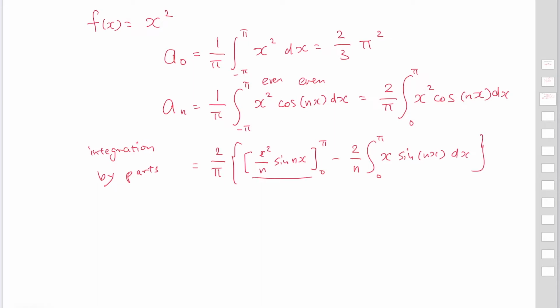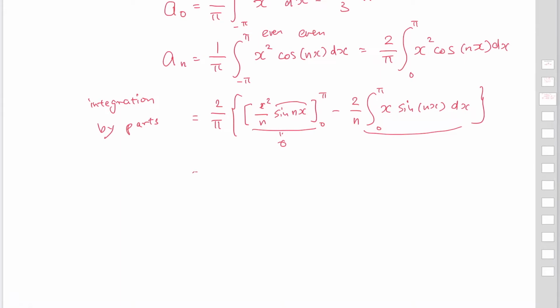In the first term, if you substitute pi, sine n pi is 0. And substituting 0, sine 0 is 0. So this first term is 0. Then again, we need to make an integration by parts one more time for the second term.